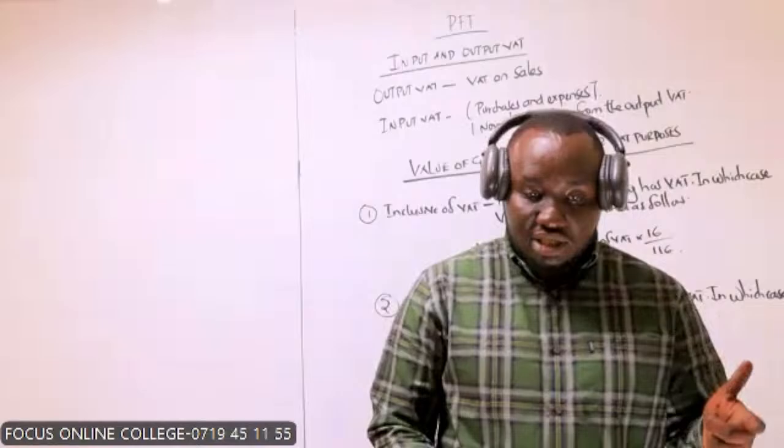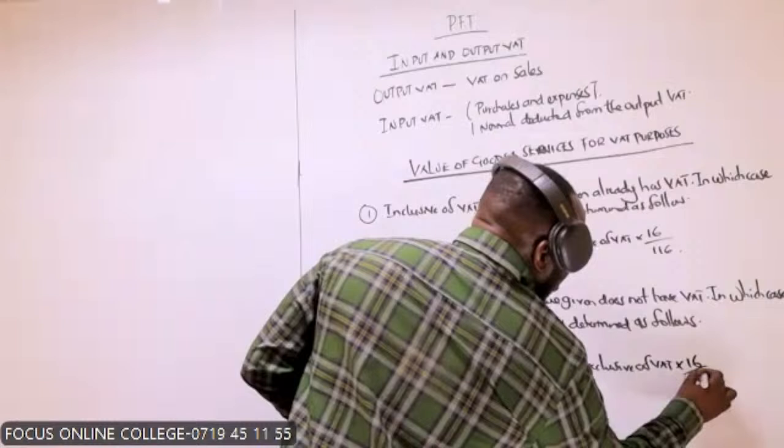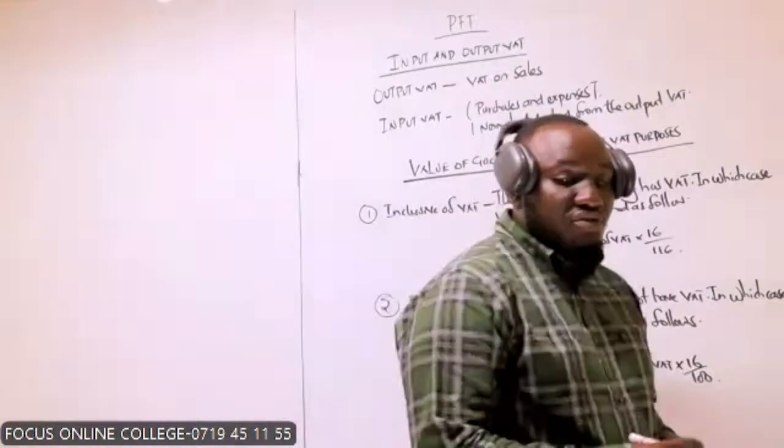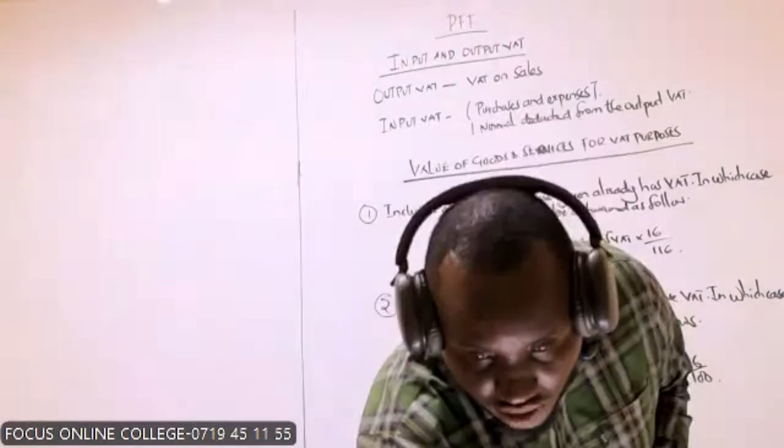I'll simply say VAT is equal to the value exclusive of VAT times 16 over 100. Respond with a yes. So these two things are very important in relation to calculation of VAT. I hope you can see the board clearly. Please press yes if we are together.